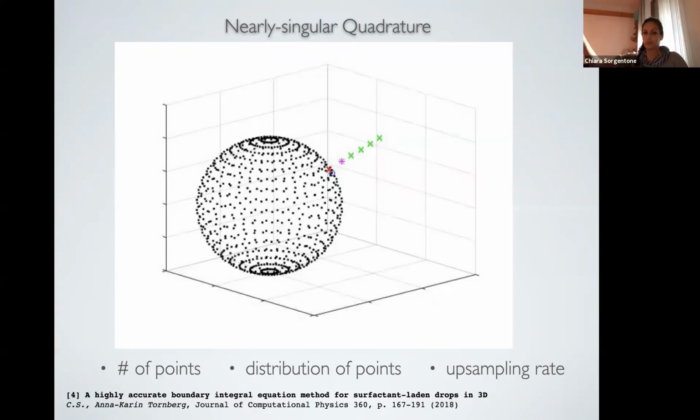And then I place a number of points, the green points, far away from the surfaces, where I'm able to compute the integral either by regular quadrature or by using the upsampling. And once I have the integral in all these points, I can do a simple 1D Lagrange interpolation to compute the integral in my target point. So the idea is super simple.